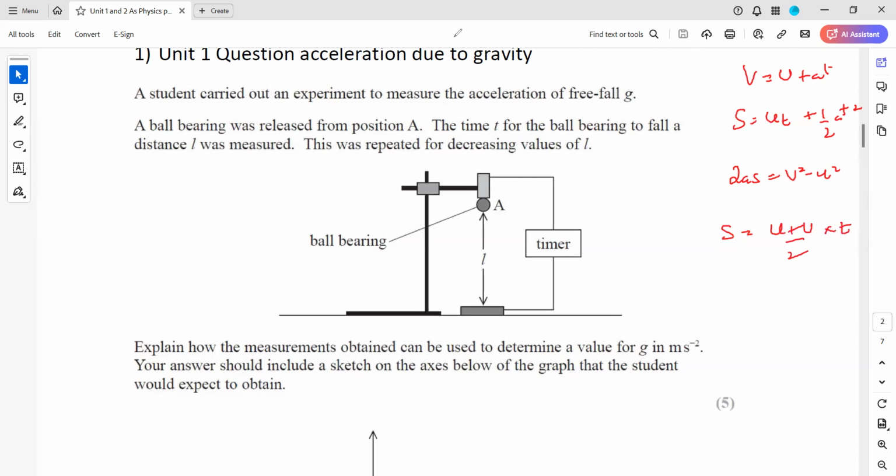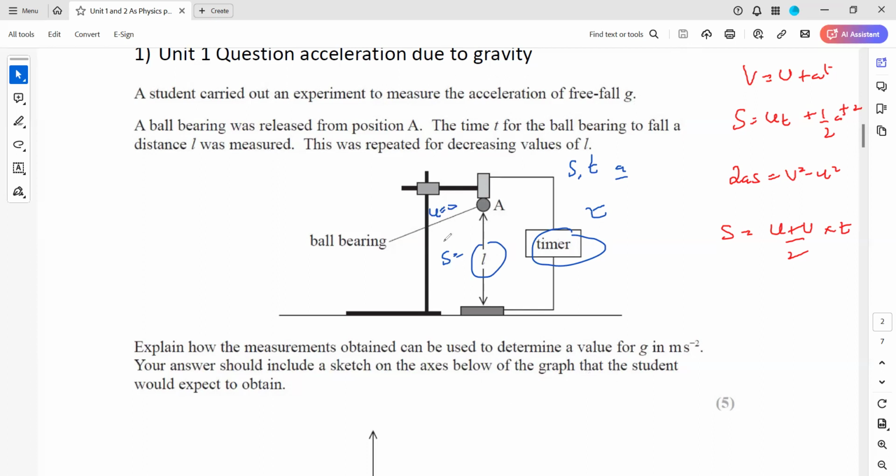Now, with reference to the experiment, here we are measuring a length. Length means the distance we are measuring, and the timer is there, so we are measuring a time. So we want the equation in which we are measuring S and T, and we are finding A. So this equation cannot be the third one, the one without T. And what about U? When an object is dropped from a certain height, the initial velocity is always 0.